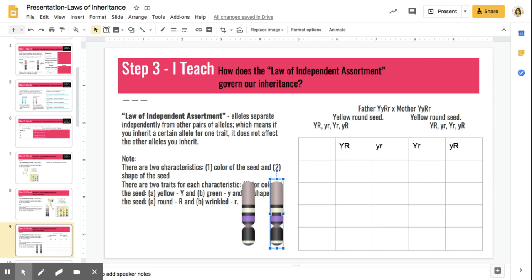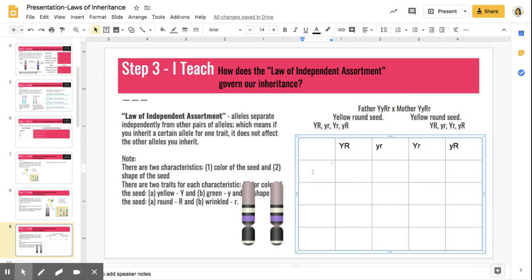It's possible that all dominant alleles go in here and the rest go in here. All recessive alleles go in here, the rest go in here. Same thing with this. All right. So these are just possibilities because they sort themselves independent of one another. So we have to know all the possibilities. So since the same situation is present on the mother, we're just going to copy.